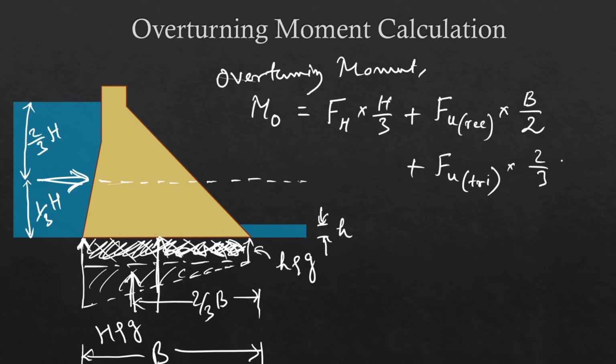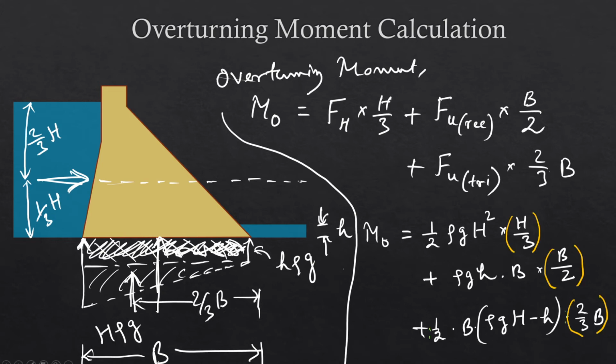So 2/3 of B. If you want, you can write the expressions for these forces Fh and Fu. So if you write the formulas, we'll get this kind of an expression.